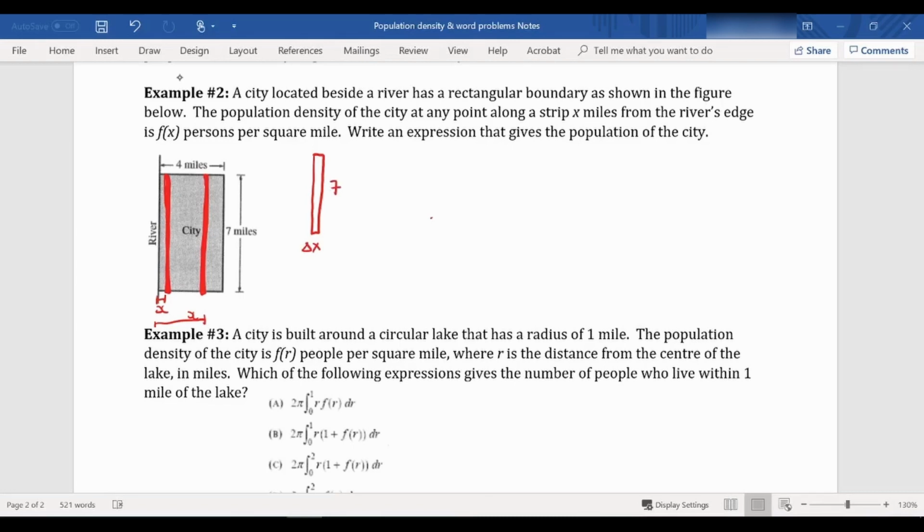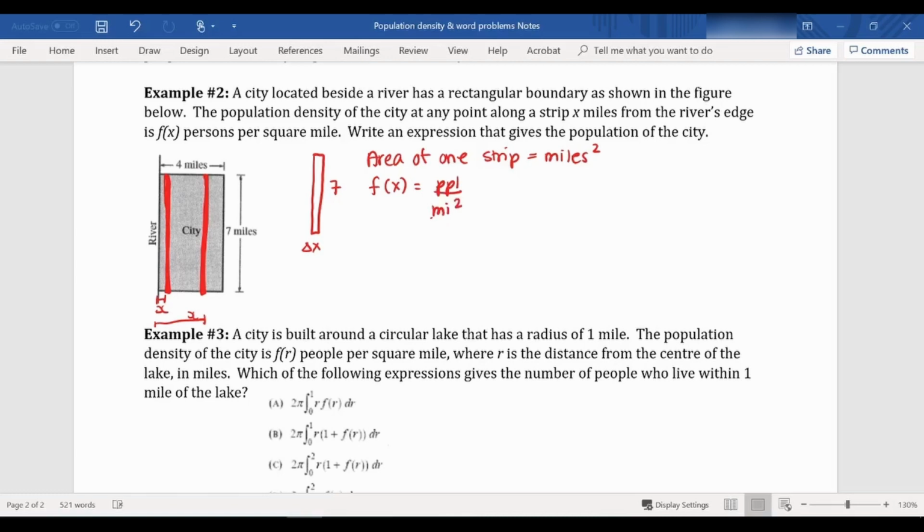The area of this strip, well, both those units are miles. So the area of one strip is in miles squared. Now, f of x is our density, and the units of this is people per miles squared.